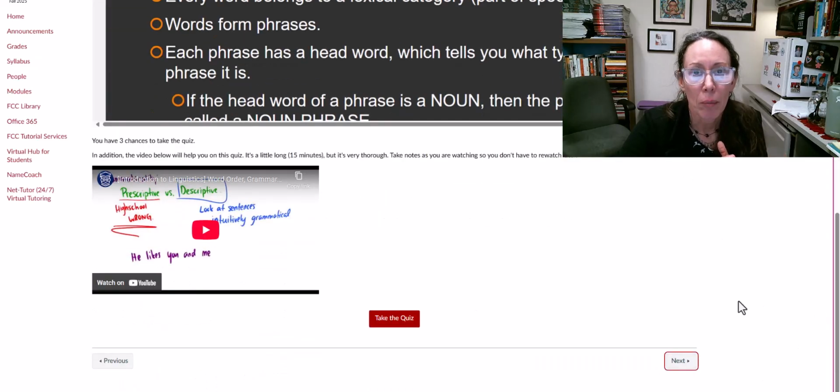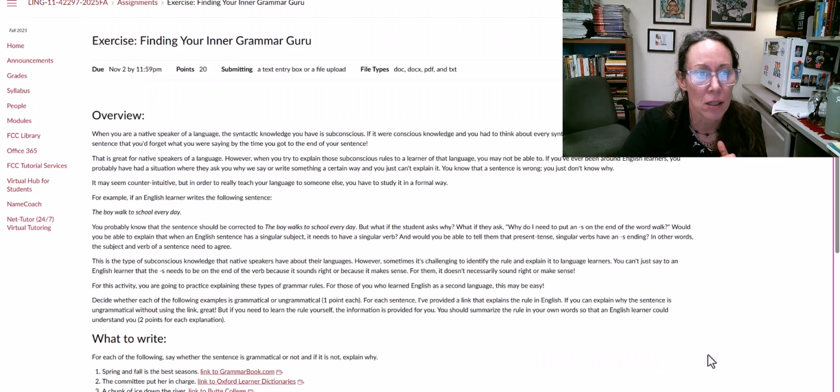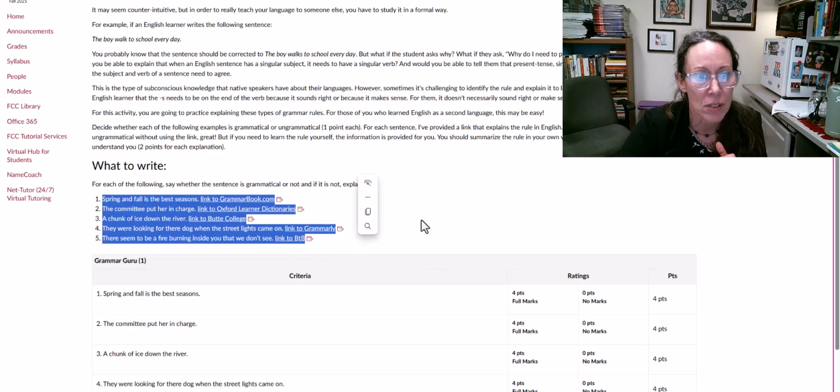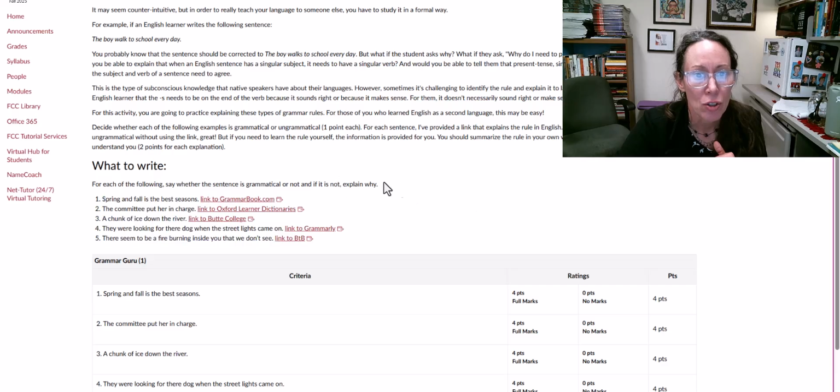Okay, then the second assignment is I'm asking you about these 5 sentences. What you're going to do is explain not only whether they're grammatical or not, but if they are not grammatical, explain why.